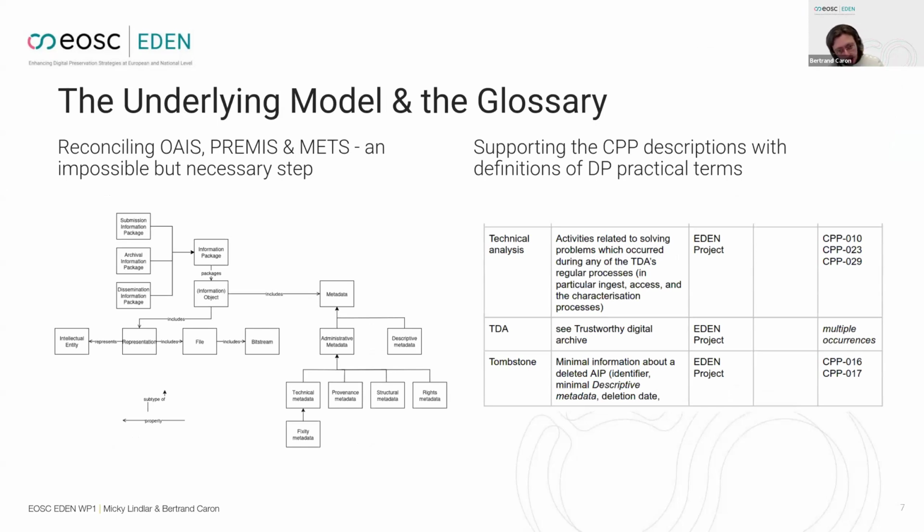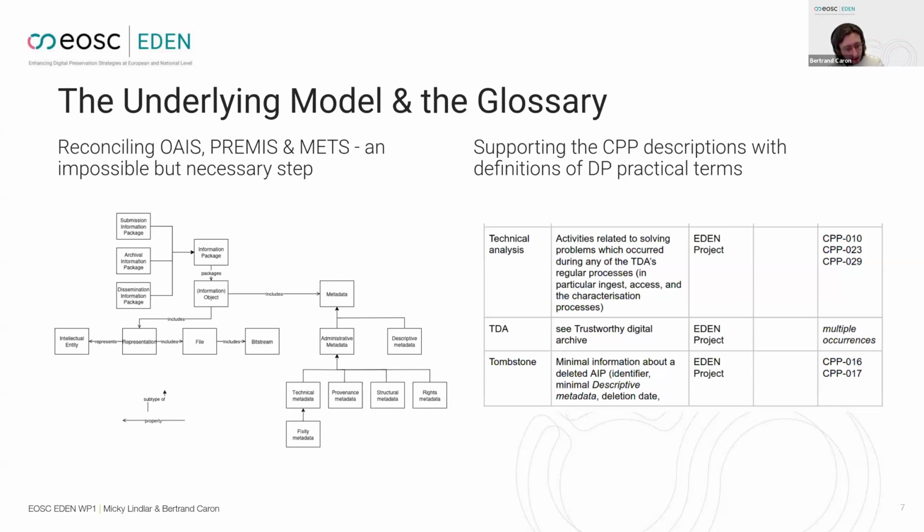When writing these CPPs, we realized that we had to not only provide a glossary of digital preservation practical terms that we are using extensively within these documents, but we also had to provide some kind of data model that is simple, but is trying to reconcile three top-level notions that are described in three different frameworks that are, despite sometimes their statements of compatibility, not always aligned.